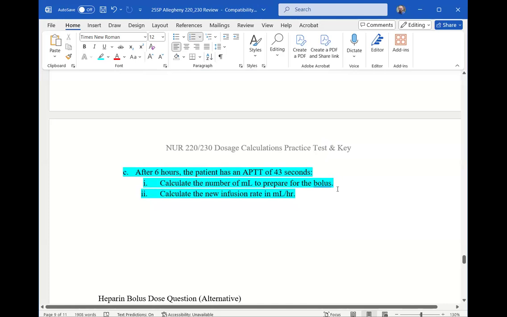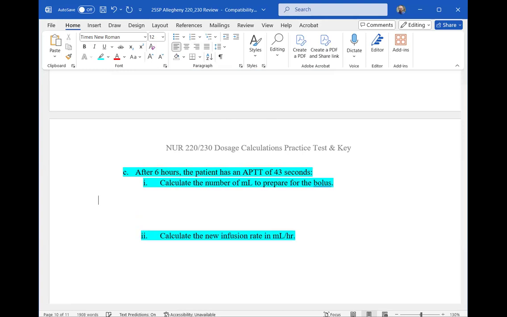All right. So we have the new information. Let me just write it down so it's here and we don't have to keep popping up there. So it told us to do a new bolus of 40 units per kilogram, and then a new infusion rate by increasing by 2. I'm hoping that you're following along with this, but if my original was 18, my new is going to be 20.